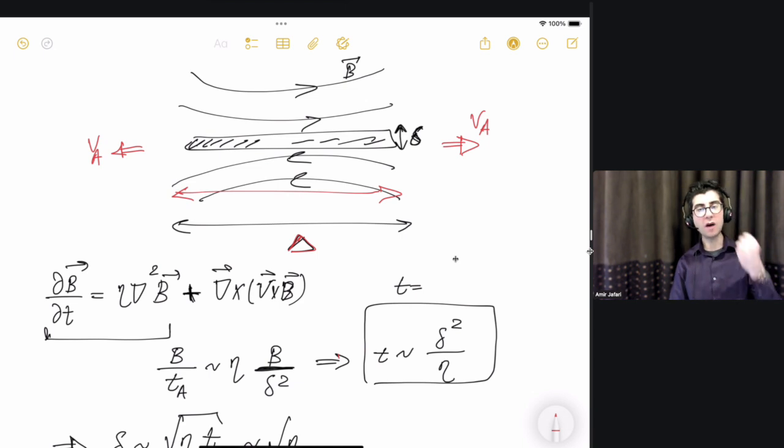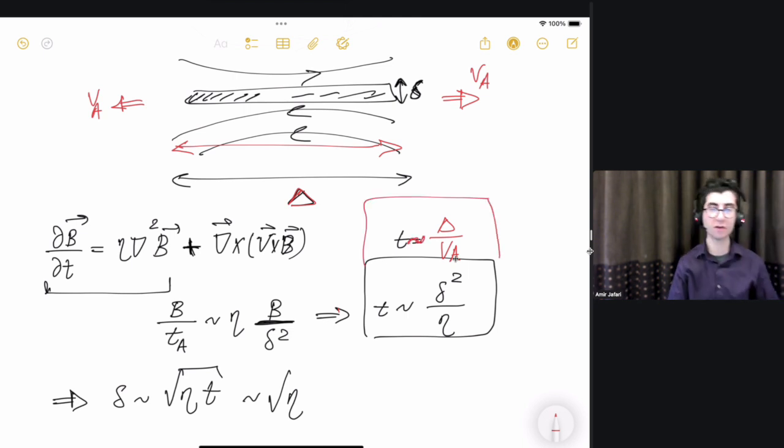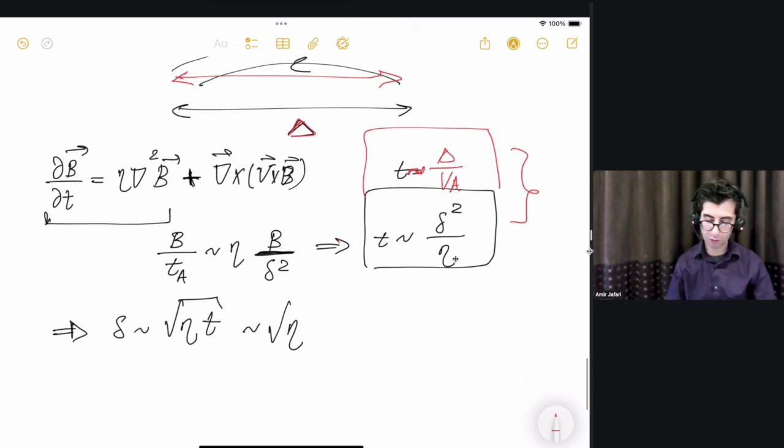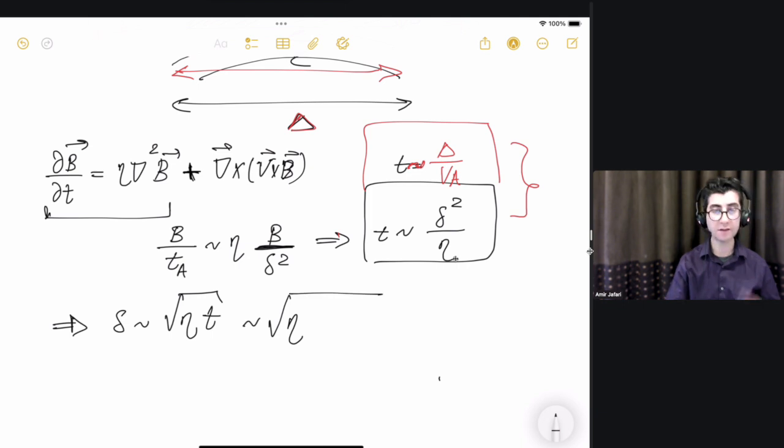So how long does it take for plasma to travel along this current sheet? T should be something like capital Delta over V_A, order of magnitude, right, when reconnection occurs. So these two time scales should be comparable. So you can write this relation as, now instead of T, I have Delta over V_A, right? So I got delta.